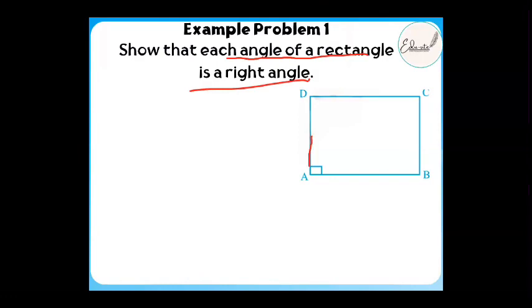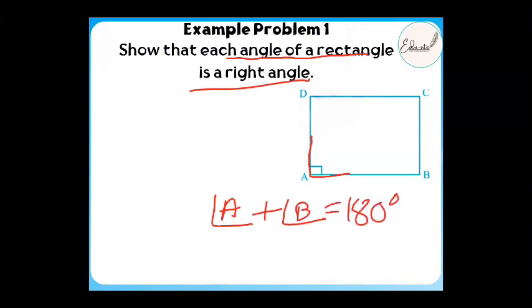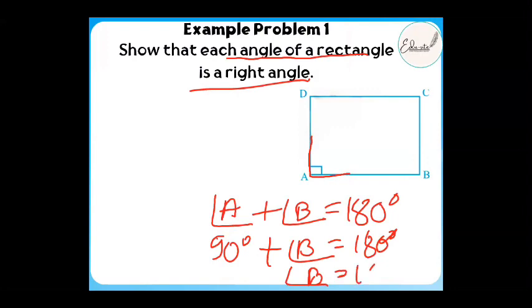Yes. What did we do here, beta? We used the sum of interior angles. Angle A plus angle B is equal to 180 degrees, right? Then we know that angle A is equal to 90 degrees, but we do not know angle B. So angle B is equal to 180 minus 90. What is 180 minus 90? It gives you angle B equals 90 degrees.